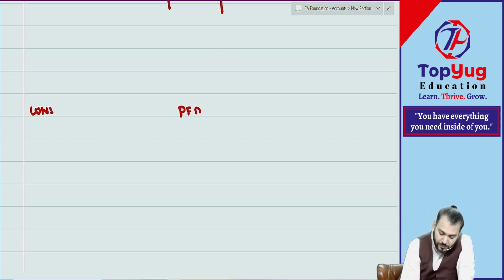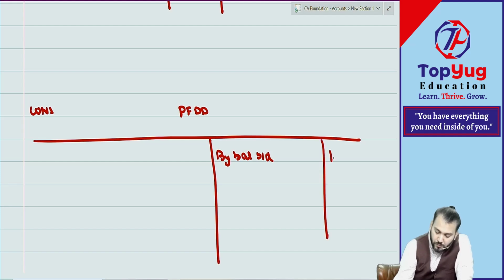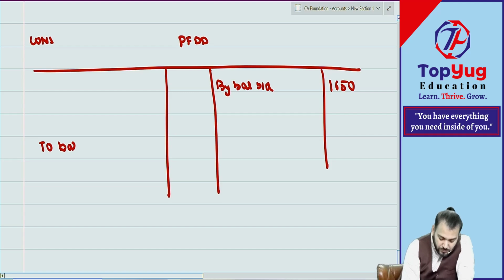Provision for doubtful debt. What is opening provision? 1,000. And how much is required to maintain to balance carried down? 1% of.